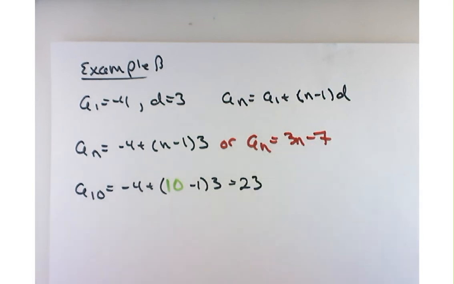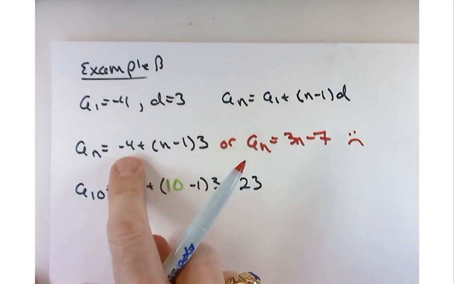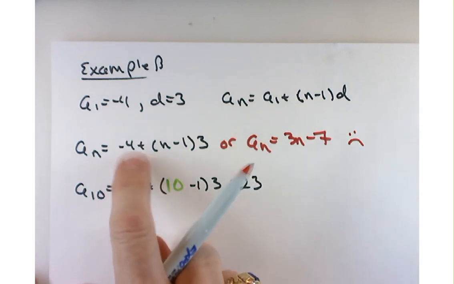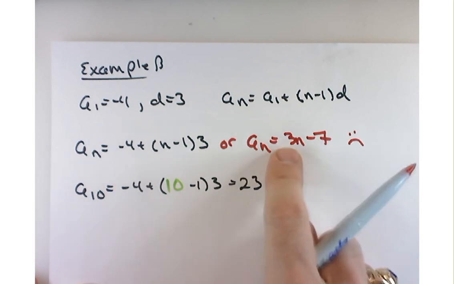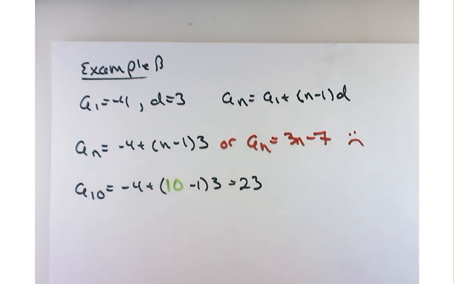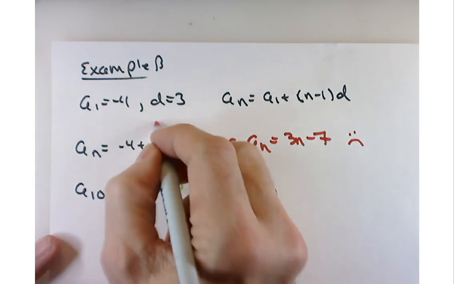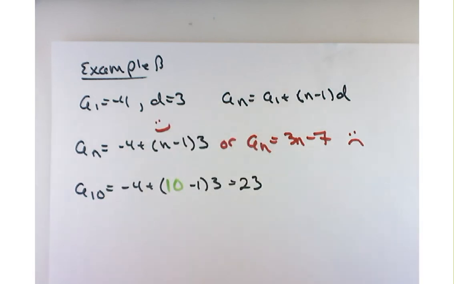I don't like it like this too much, mostly because this way I can take a look and I know exactly what the first term is. It's negative 4. Here, if I want to figure out the first term, I've got to put in n equals 1 and then do the operation on the right-hand side. It's not that bad. Nothing really wrong with it. I just prefer this one. I'm not going to make you write one versus the other, but I do think this one's more convenient.